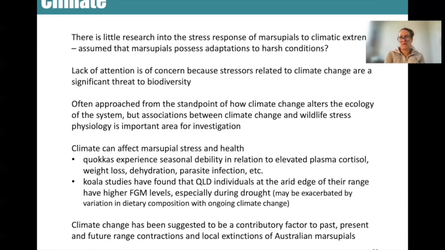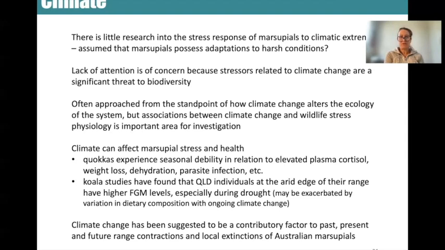It's believed that individuals at the arid edge of their range during drought times are obviously going to be experiencing a lot of stress due to variation in dietary composition, as ongoing climate change results in more extreme climatic events and makes climatic conditions more stressful for individuals.